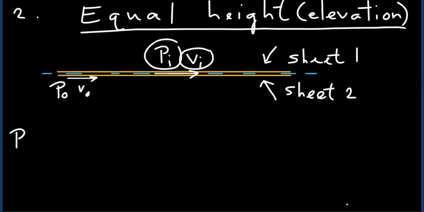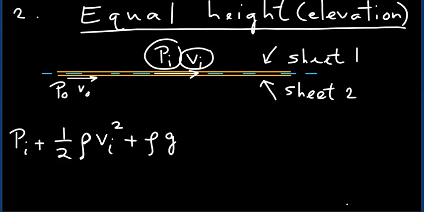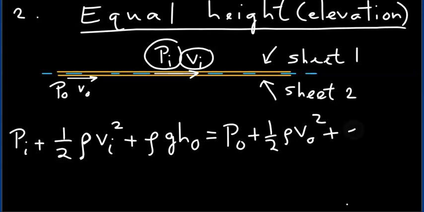Pi, the pressure between the sheets, plus half the density of fluid times the speed inside squared, plus the density of fluid times gravitational acceleration times, let's say, the elevation h naught. And now for the outside, the pressure is P naught, the kinetic energy term is half rho v naught squared, and the elevation is still the same.